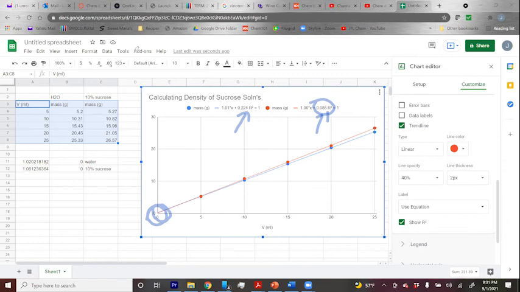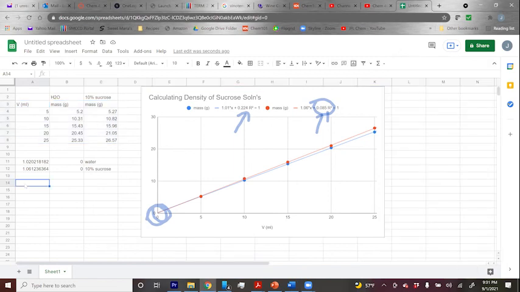So we come over here and we write down equals LINEST for best fit linear trend. Brackets, and then you show which Y data you want. So the Y data I'm going to do first is for water. So I just select the Y data for the water, basically the masses. Then I put a comma, and then I select the X data, the volumes, for the water.